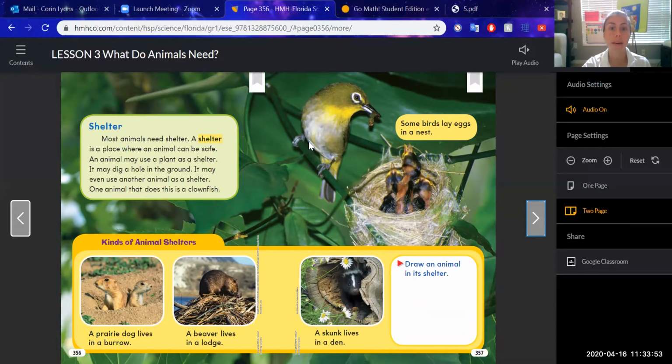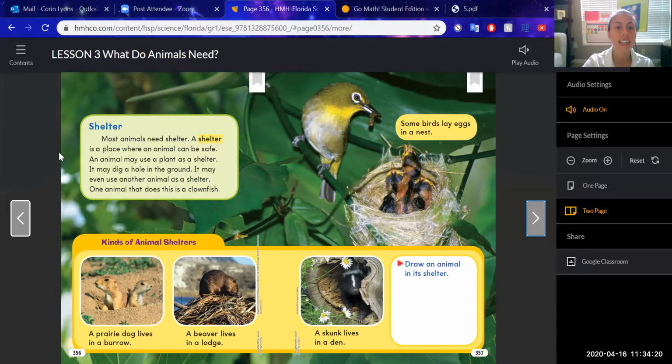There's a mama bird, some baby birds, and some other type of animals down here. What are the baby birds in? That's right, that's called a nest. And what do they do in the nest? They live there. That's their home or their shelter.